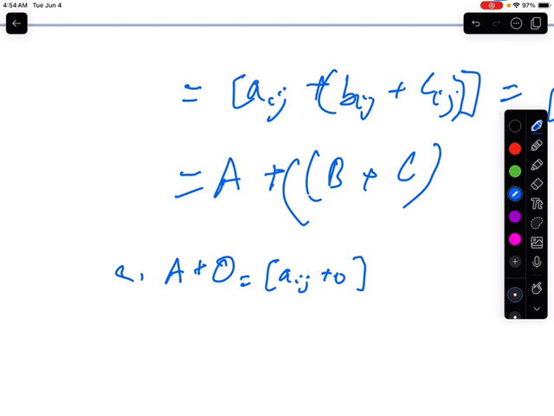So which gives us just an Aij inside the brackets. But what is that? That is equal to A.